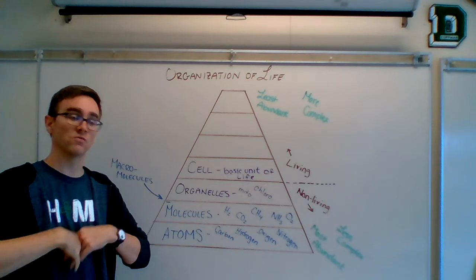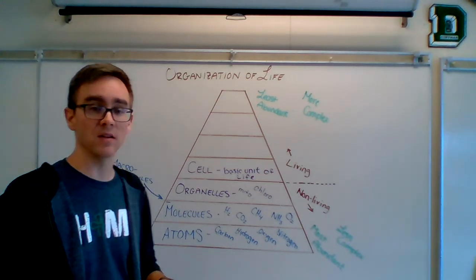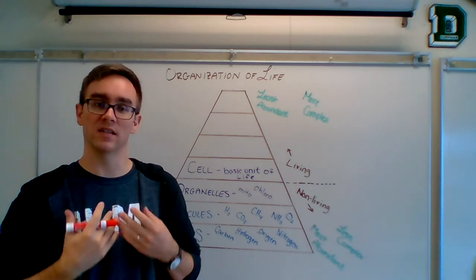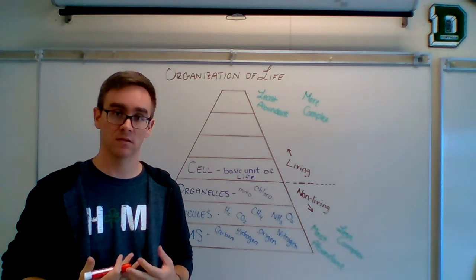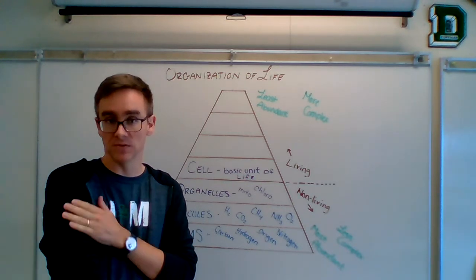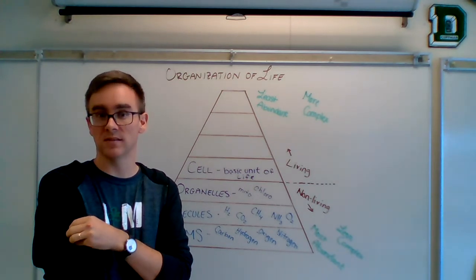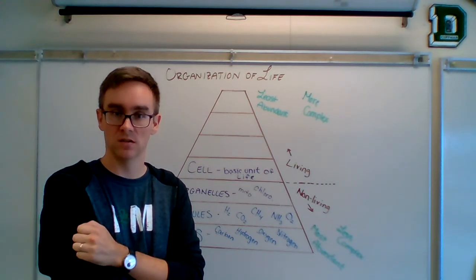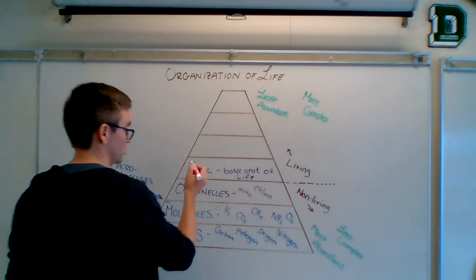If I have cells working together now, they can perform more. Individual cells can't do as much, but if they start working together, they can start performing a lot more complex things. I have muscle cells all over my body. A muscle cell doesn't do much by itself, but when it works with the other ones to perform a similar function, then we have something called a tissue.